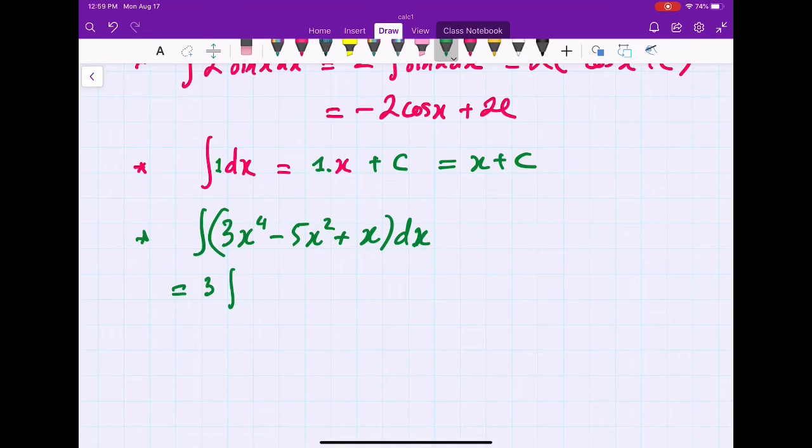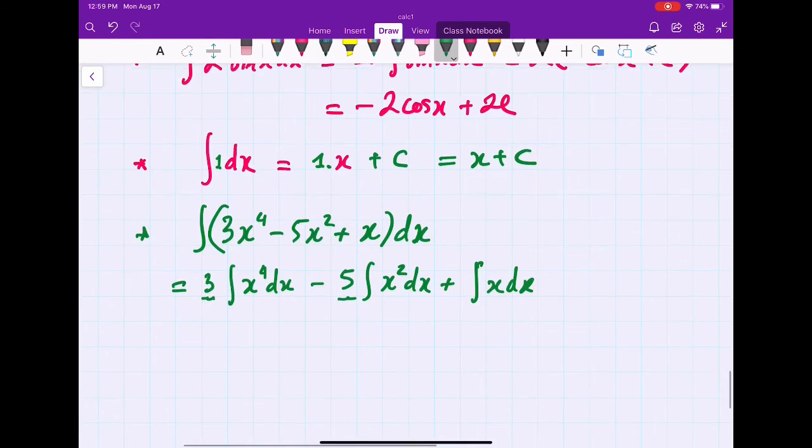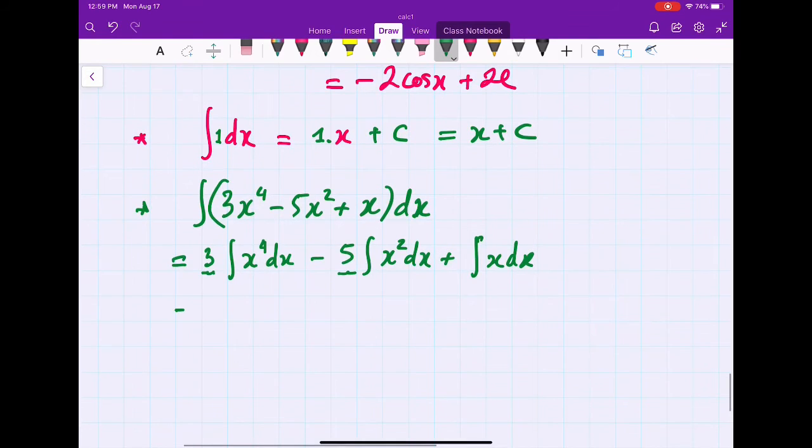So I write 3 times the integral of x to the 4 dx, minus 5 times the integral of x squared dx, and then plus the integral of x dx. I already took the coefficients out, because we know that already. So you have 3 in here. We use the power rule for x to the 4th. I have x to the 5th over 5, and then minus 5 times x cubed over 3. I increase the power by 1 and then divide by the new power.